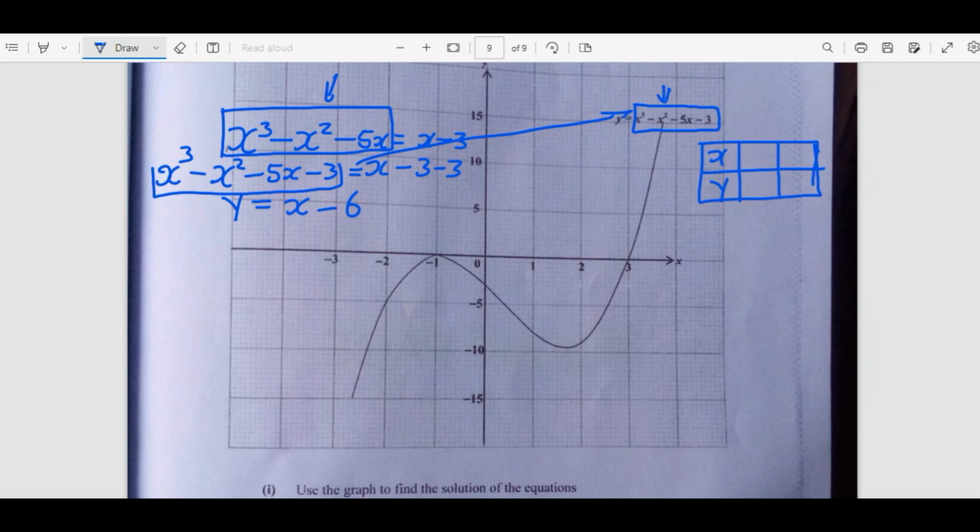Now let's try -3. So let's say x is equal to -3, since we have the x value of -3. So we can now say y is equal to -3 minus this one. So y is equal to -9. So this is -9 here. Let's solve for x.